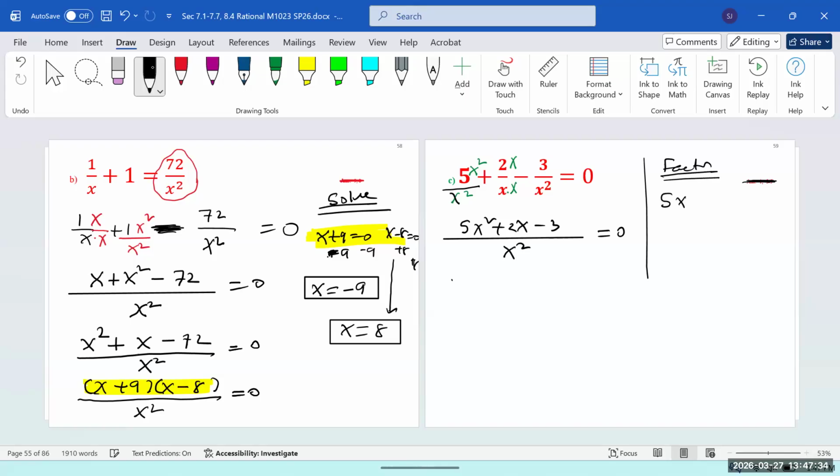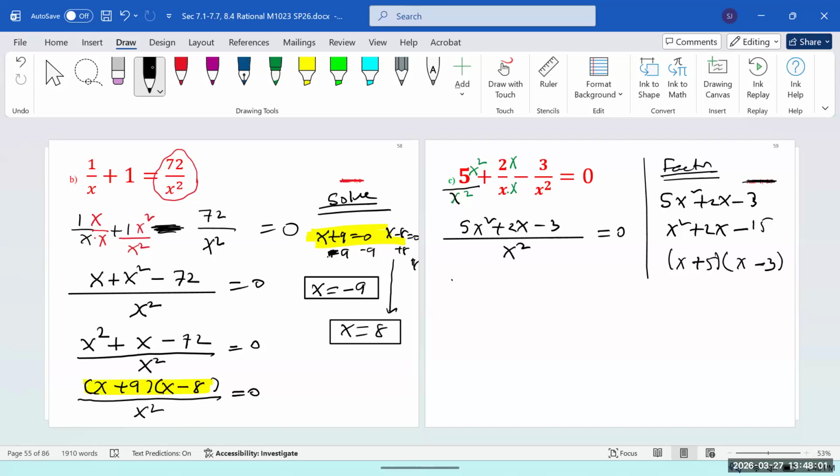So we have 5x squared plus 2x minus 3. So x squared plus 2x, what is our AC? 15. So is this factorable? Two numbers multiply to 15 combine to 2. Positive 5, negative 3.